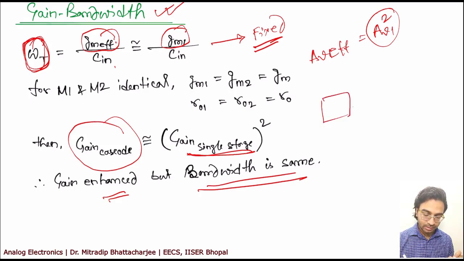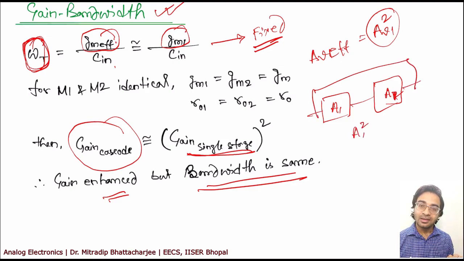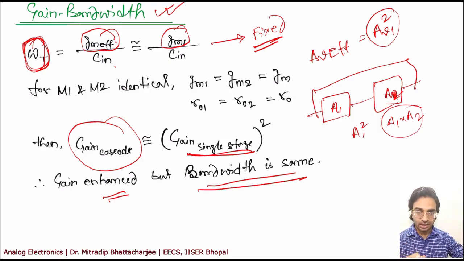What does that mean? You have A1 and A2. If both of them are equal, say A1 and A1, then you will get A1 square. For A1, A2, probably you will get A1 into A2, right? Just now we have seen, considering different AV1 and AV2. Alright.